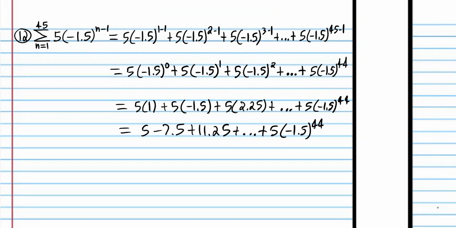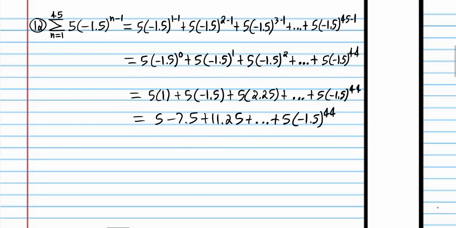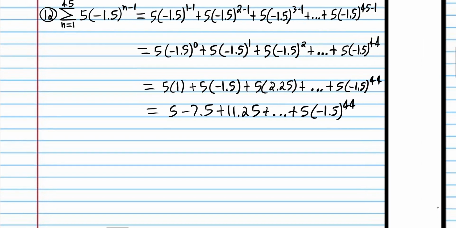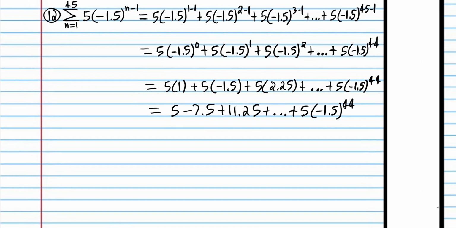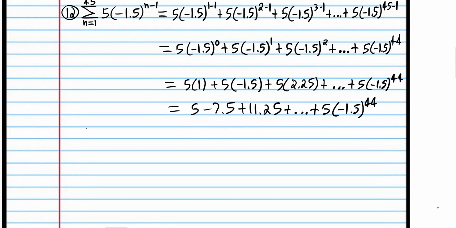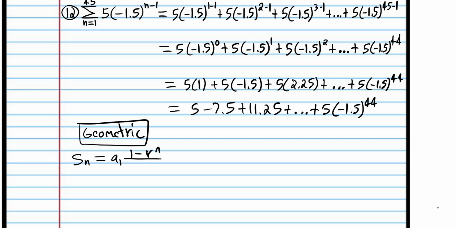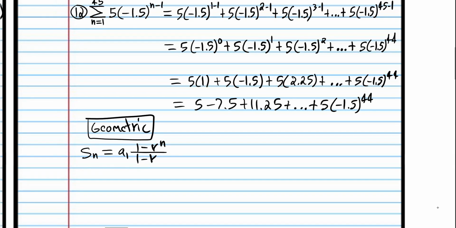It's hard to see exactly what's happening, but if you divide this term by this term, you get negative 1.5, and if you divide this term by this term, you get negative 1.5 again, so it's a geometric sequence. So we'll say geometric, and now we can use our sum formula for the first n terms of a geometric sequence. That's this formula here. We learned that in the previous class.